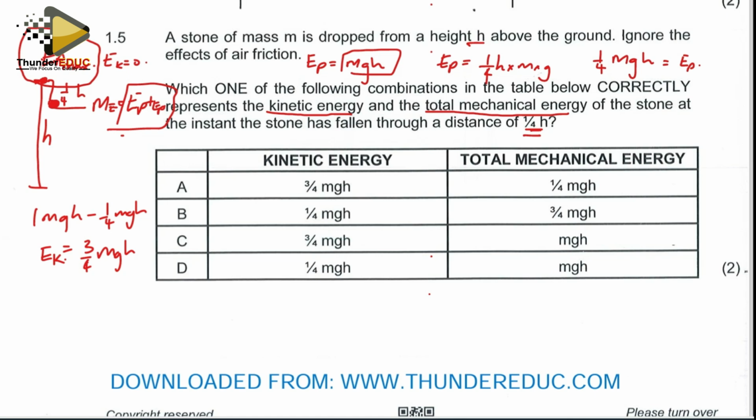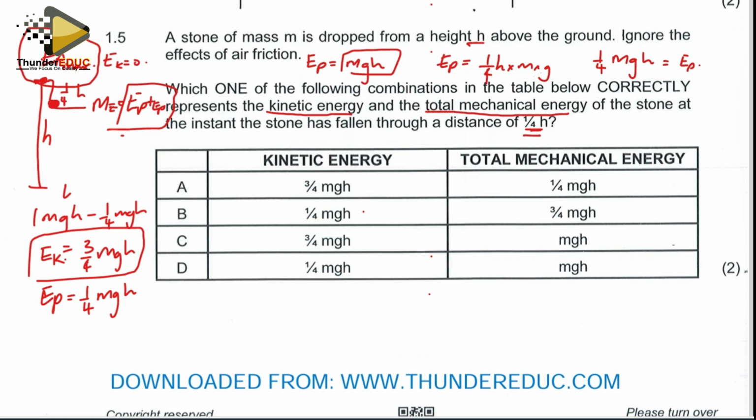So our mgh, or our EP, so EP is going to be a quarter mgh, and then the EK must be 3/4. So a quarter mgh, we said, so kinetic energy we said is 3/4.